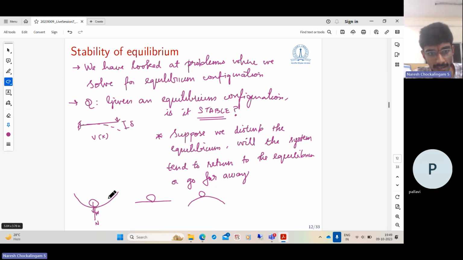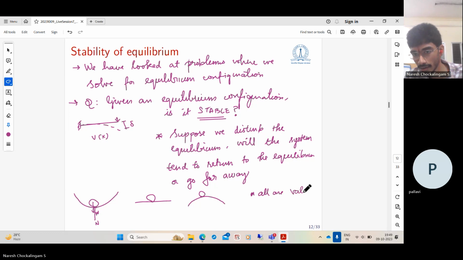If it's a perfectly circular ball and circular surface, in all cases they can be perfectly balanced. There are no horizontal forces, there is no movement. So all three are valid equilibrium configurations, but which of them is stable?